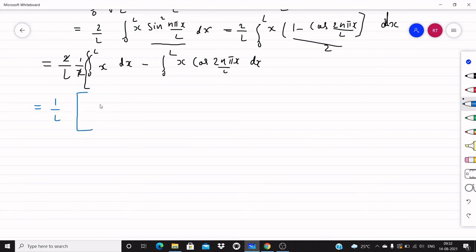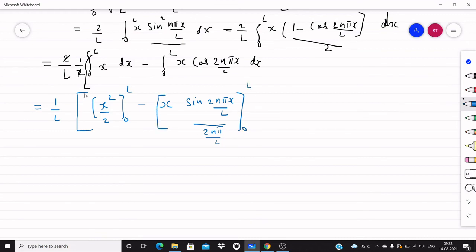Integral x is x square by 2, and apply the limit 0 to L. Now the second term. For the second term, you have to do integration by parts. So first function into integral of the second is sine 2n pi x by L divided by 2n pi by L between the limit 0 and L.